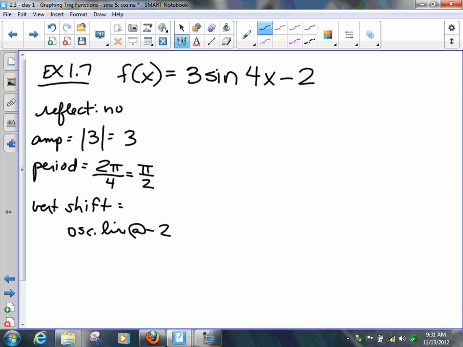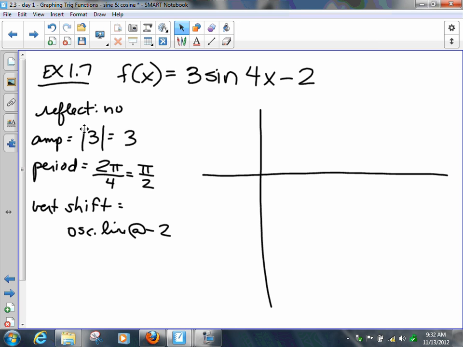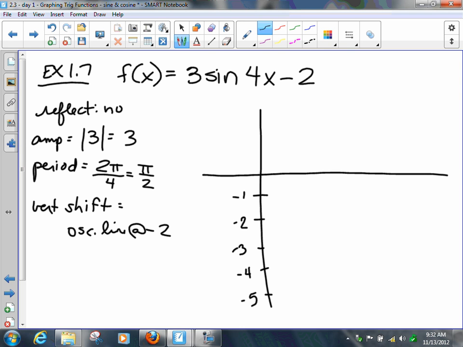All right, so I'm going to move my x-axis a little bit up my y-axis because I want to account for 1, 2, 3. How far do I have to label? Okay, and then 0, 1, 2, is that right?